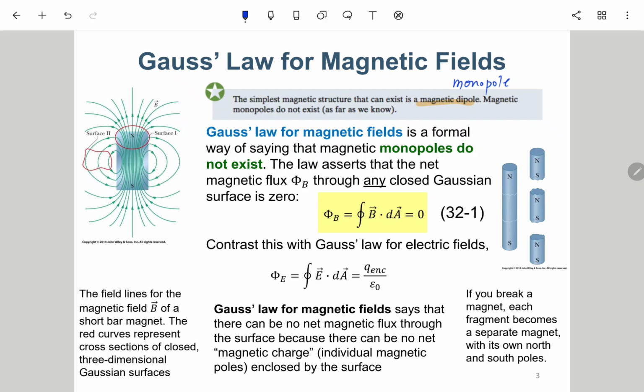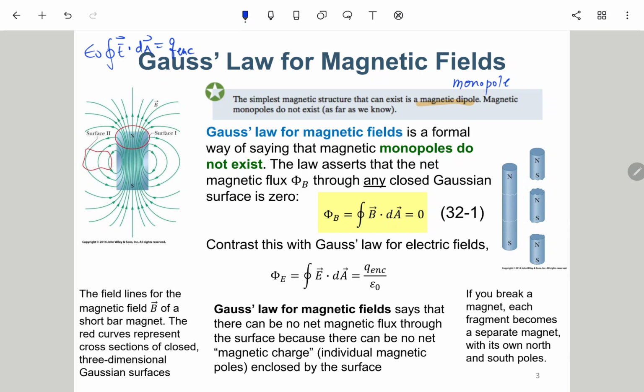So this is the fundamental building block to generate the B field. In that sense, for the Gauss law for the E field, we have epsilon naught times the surface integral of E dot dA equals Q enclosed.